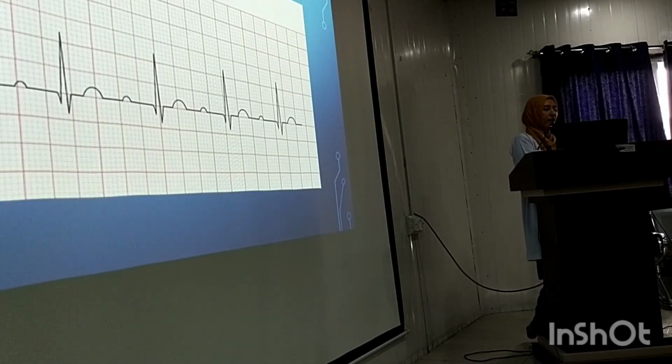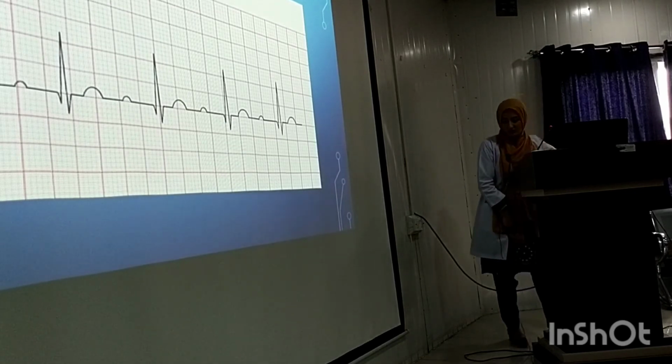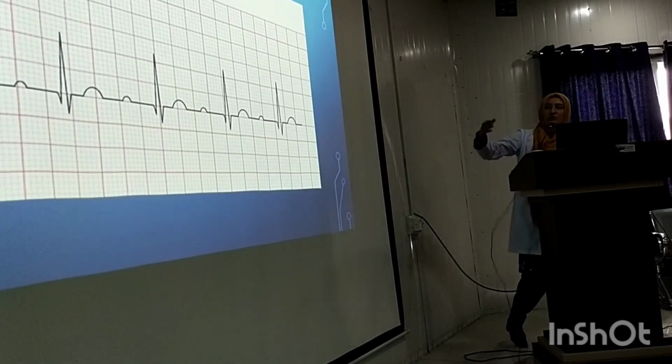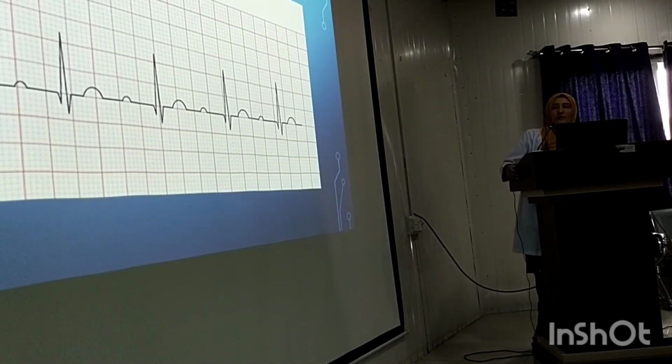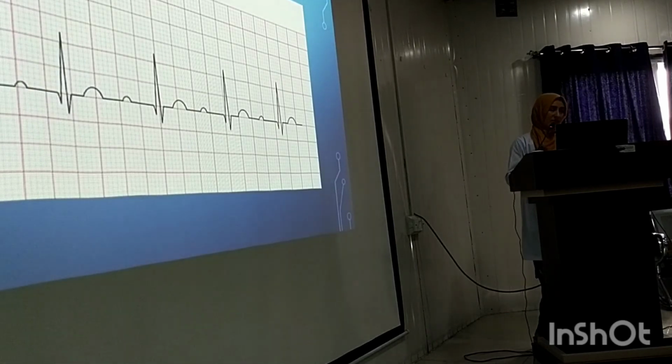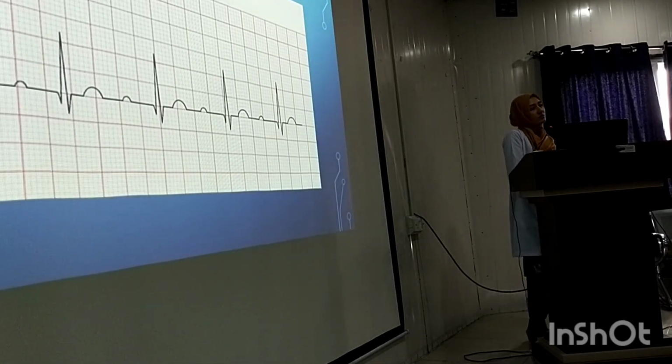I hope you all can appreciate that the distance between the P wave and the QRS complex is more than 3 small boxes. Okay? The upper limit is 5 small boxes. Actually, this distance, it's a first degree block. Whenever there is a first degree block, there is a constant but increased distance between the P and QRS complex.